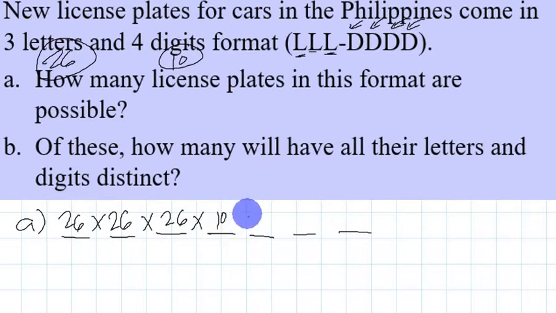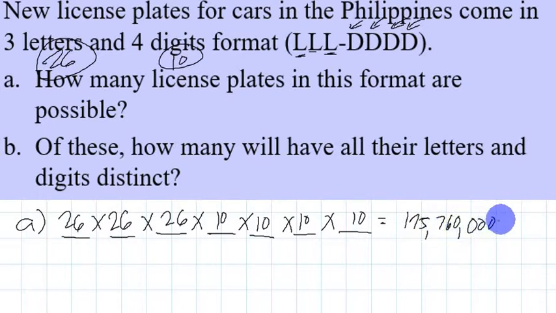Then all possible 10 digits, all possible 10 digits, all possible 10 digits, and all possible 10 digits. So once we multiply all of these, we are now going to have 175,760,000 possible license plates.